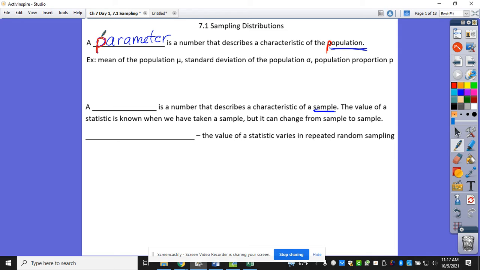Sigma is population standard deviation. So whatever that value is a parameter. As opposed to if it describes the sample, it is a statistic. So it should be easy to remember the difference between those two. Population proportion, sample statistic.